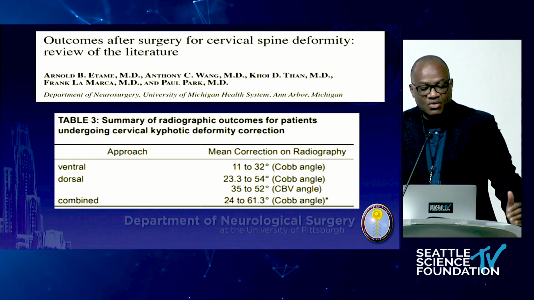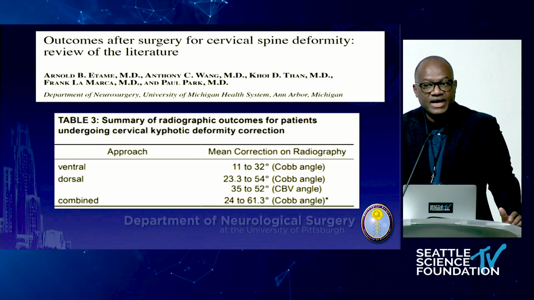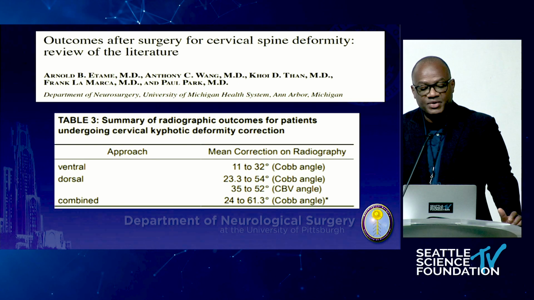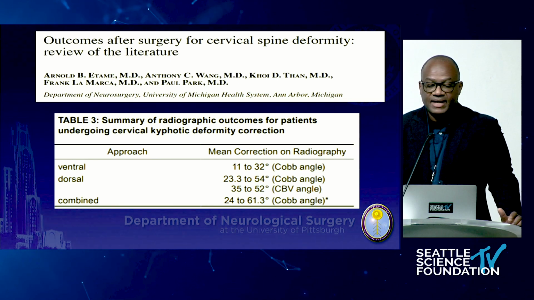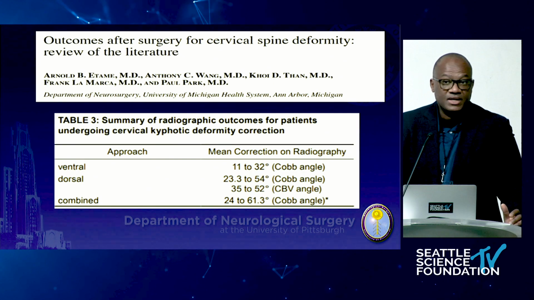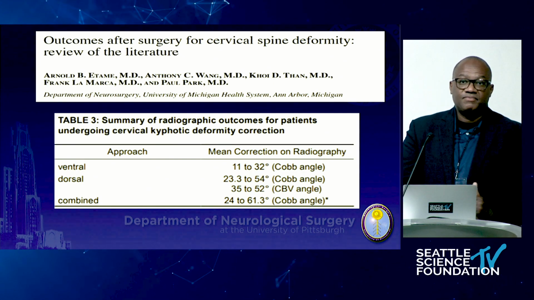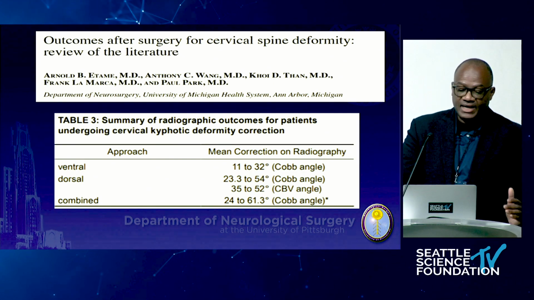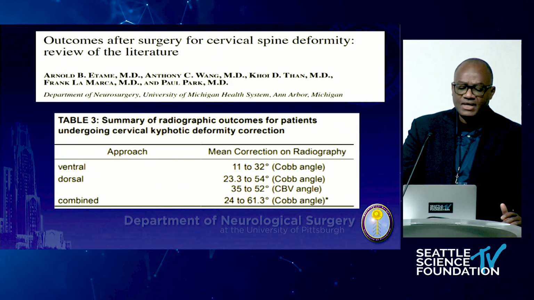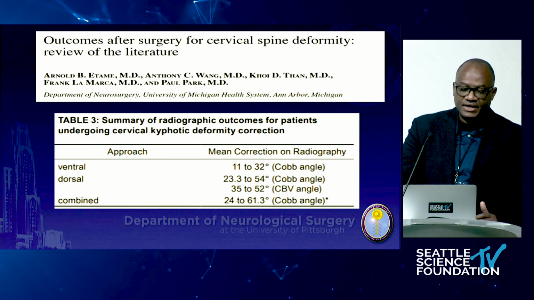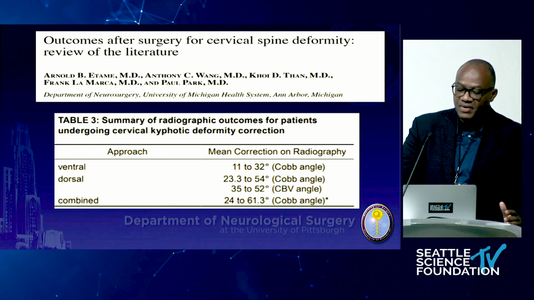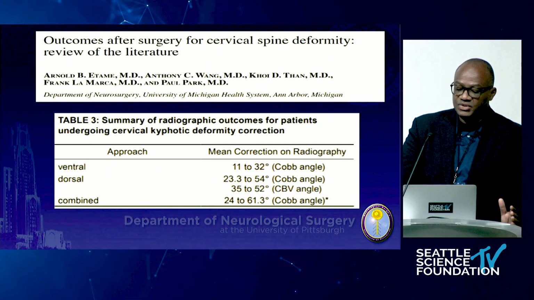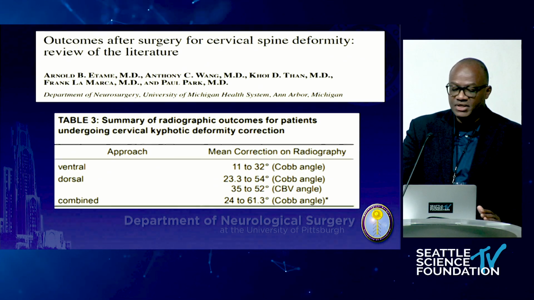And more and more, we have more in our armamentarium in terms of what we do: ventral approach versus dorsal versus combined. And the outcomes of surgery matter in terms of how powerfully you want to realign these patients. As Dr. Chapman mentioned, you can get a certain degree of correction ventrally versus dorsally versus a combined approach.